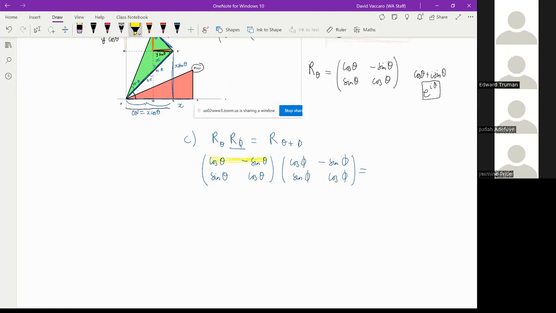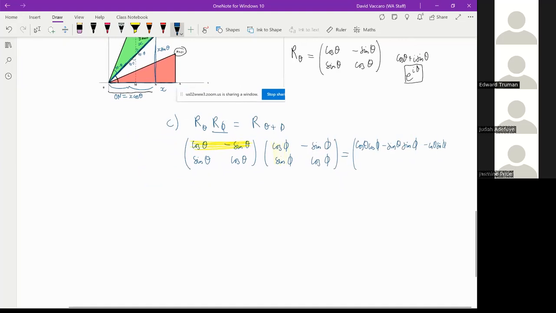So we do the top row, cos theta minus sine theta, and we multiply by this column. So we get cos theta cos phi minus sine theta sine phi. Then we do the next multiplication, and we get minus cos theta sine phi minus sine theta cos phi. Then down here we get sine theta cos phi plus cos theta sine phi.